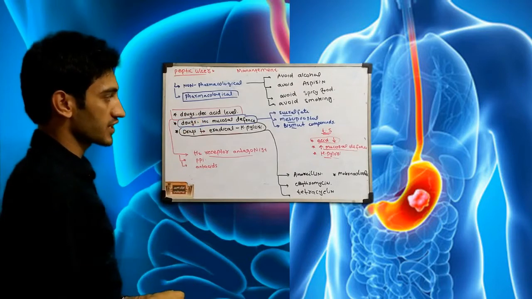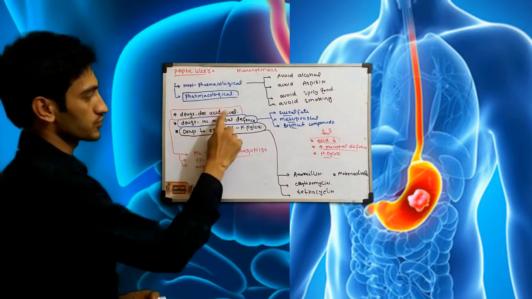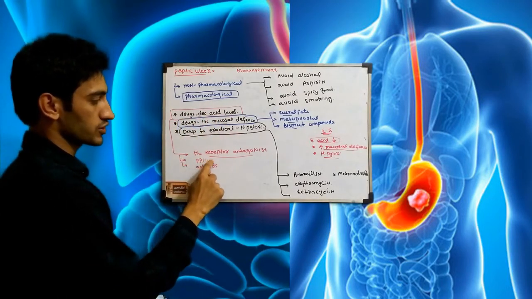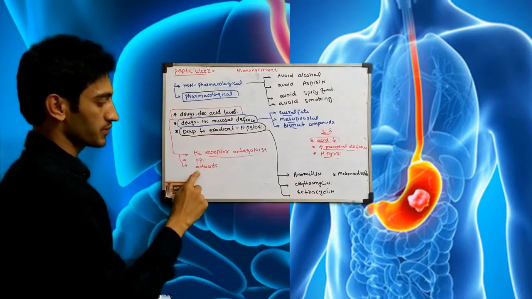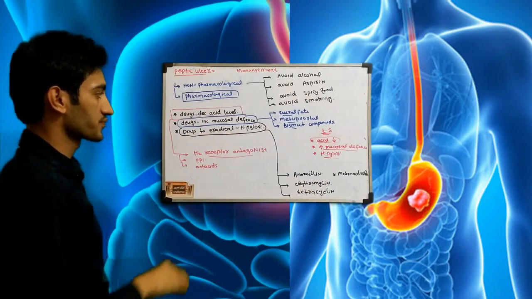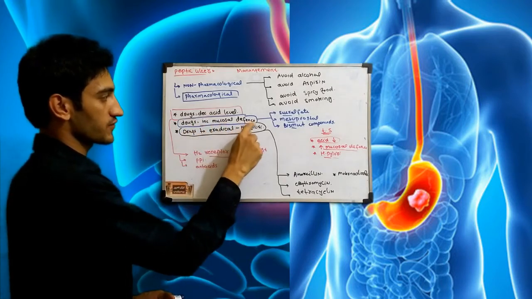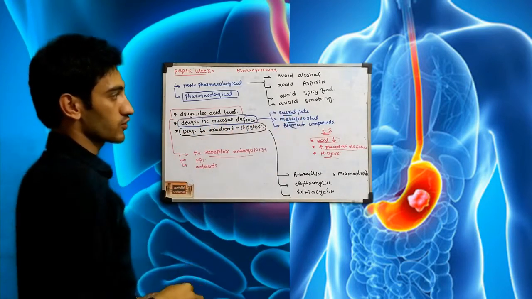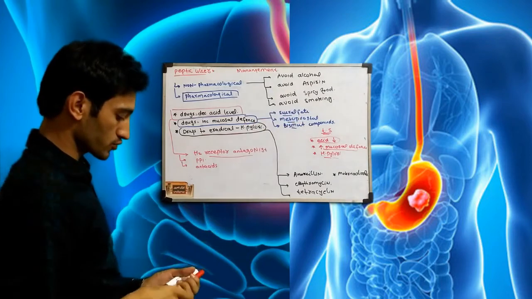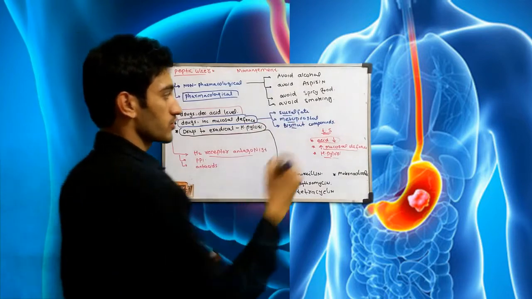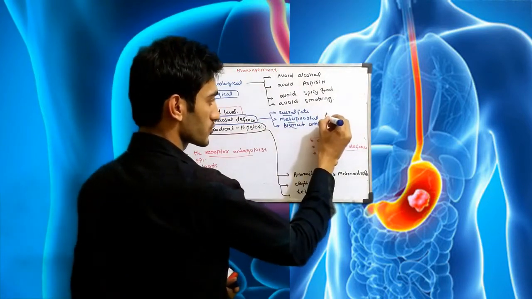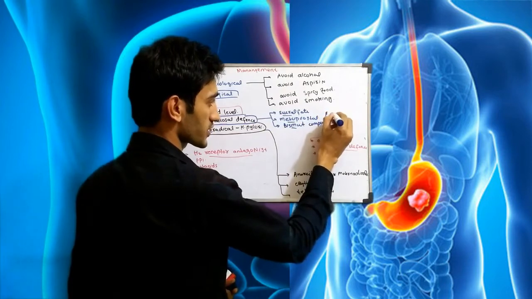Drugs that decrease the acid level, which are H2 receptor antagonist, proton pump inhibitor, and antacids. Second group is drugs that increase the mucosal defense, which include sucralfate, misoprostol. You should also know the group is called prostaglandins analog.